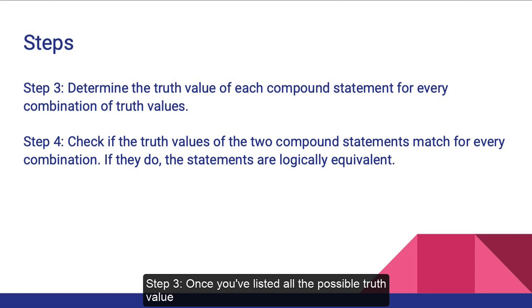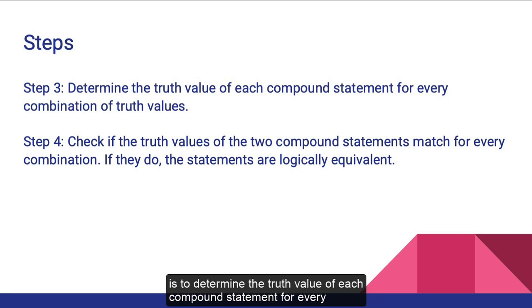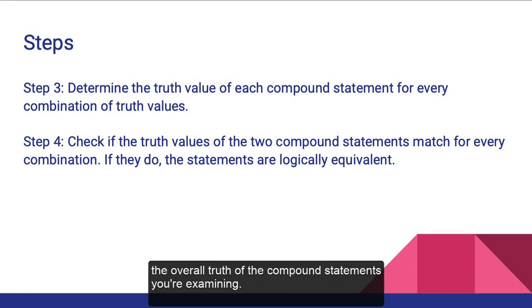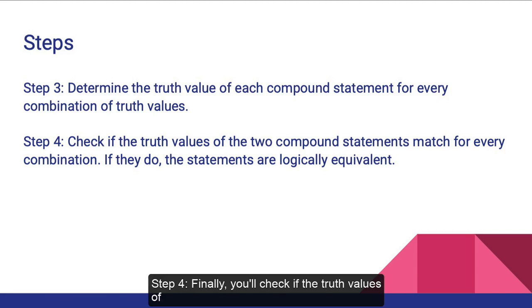Step 3. Once you've listed all the possible truth value combinations for the individual propositions, your next task is to determine the truth value of each compound statement for every combination. In other words, you'll take the true and false combinations for the basic statements and see how they affect the overall truth of the compound statements you're examining. Step 4.